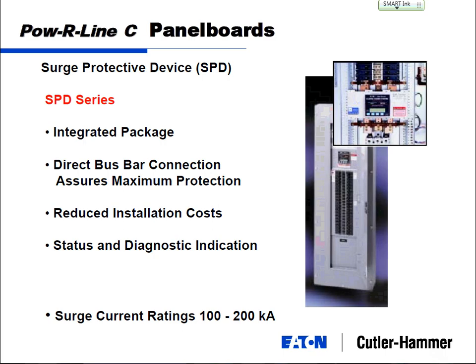One of the things you do from a design standpoint is you look at your facility, you determine the level of solid state electrical equipment, and then you put in the appropriate surge protection. In the case of a classroom or anything with this type of equipment, it's very common now to put the surge protective device right in the panel board. And you can see this one's right in here.